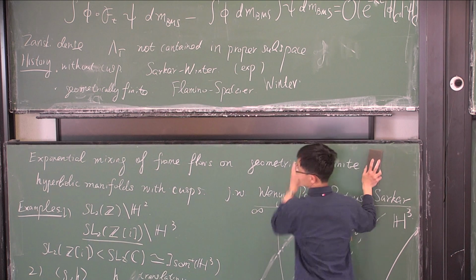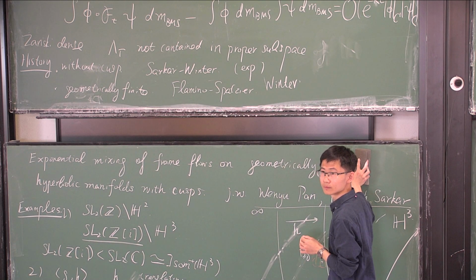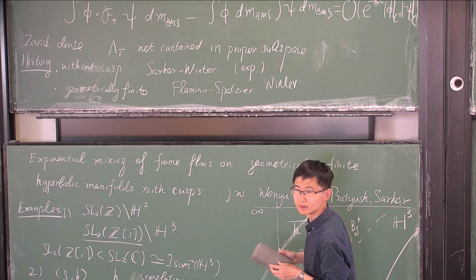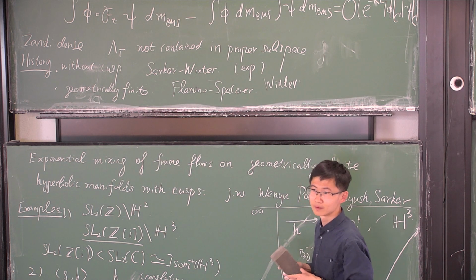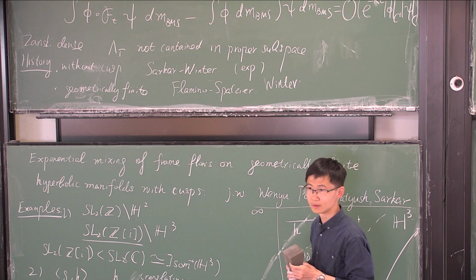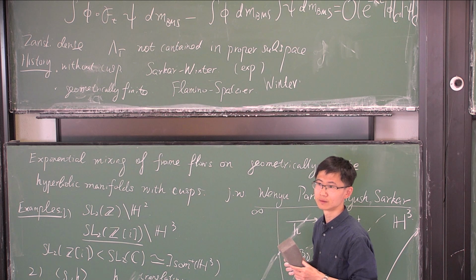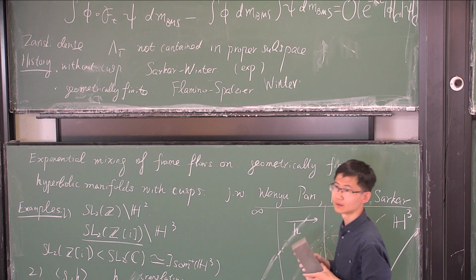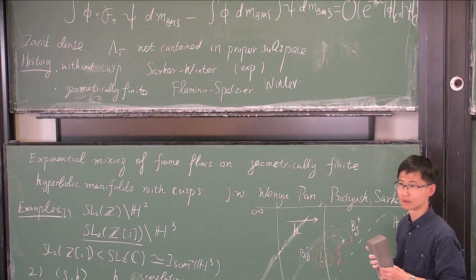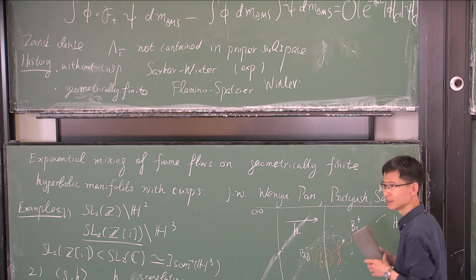Am I understanding correctly that with cusp means that you have finite Liouville measure? The without cusp case is when the Liouville measure is finite, and the with cusp case is when that's infinite, so the measure you're looking at is different. Well, it's the same construction.